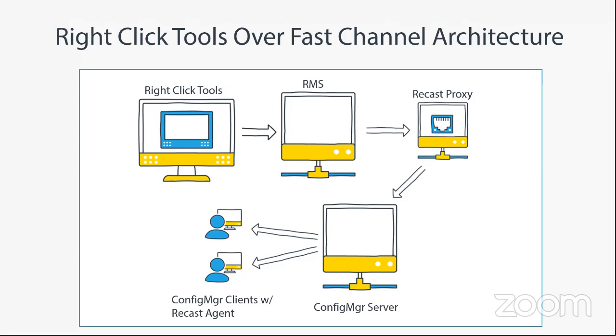One of the problems with the config manager fast channel notification layer is that we're limited in the size of the messages that we can pass back and forth. And some of the right-click tools actions actually return more data than the fast channel allows us to return in a single run script call. So the WMI provider helps maintain state on the remote device, so we can orchestrate multiple run script actions to pull all of the data back from a single action call.